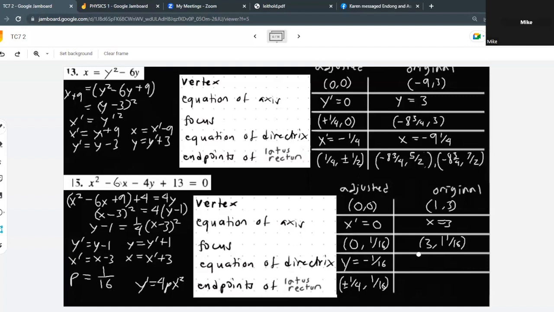So our standard equation is, parang may mali. Mali yung standard equation natin. Di ba x prime squared is equal to 4py.